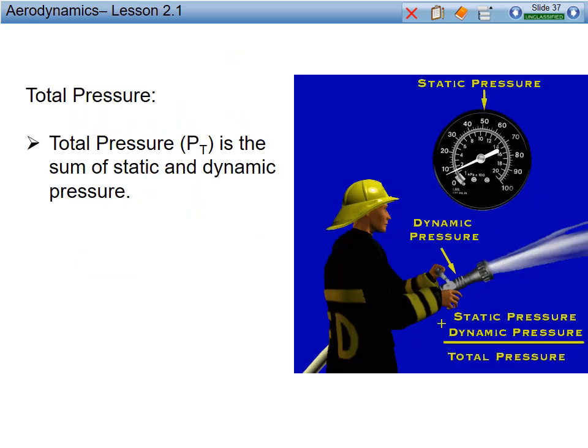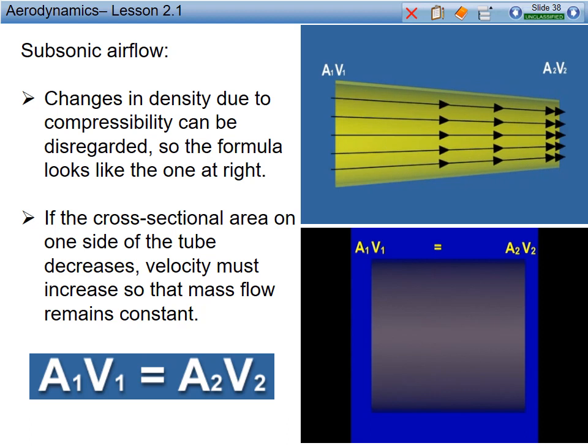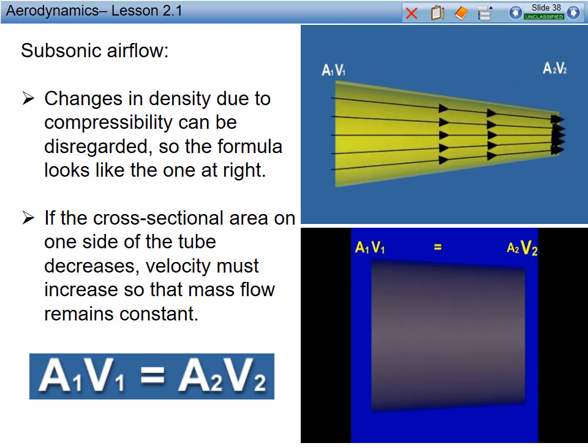Total pressure, P sub T, is simply the sum of static and dynamic pressure. Subsonic airflow: changes in density due to compressibility can be disregarded. So the formula looks like the one at the right side of the screen.